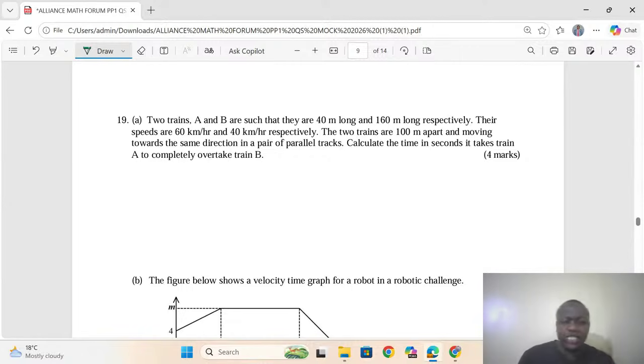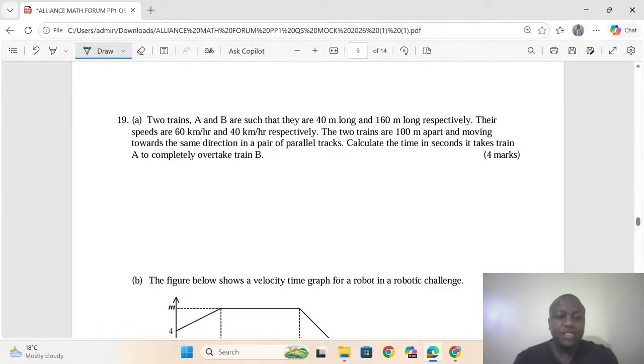Number 19, which has a part A. Two trains. Look at that. Two trains, A and B, are such that they are 40 meters long and 160 meters long, respectively.